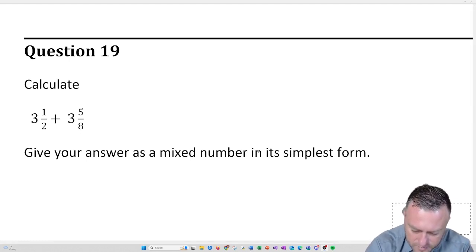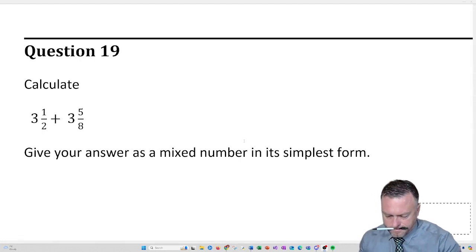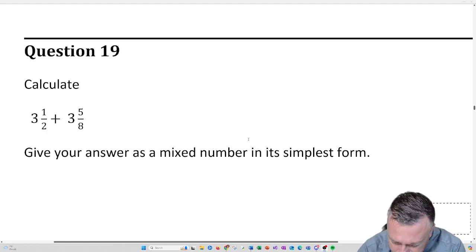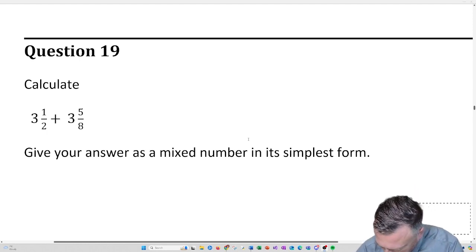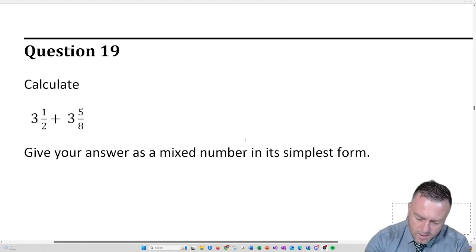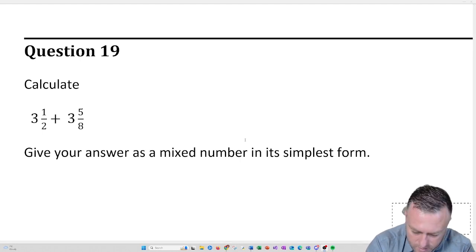Question 19. So we've got 3.5 plus 3 5/8. I'm just going to add the whole bit first.